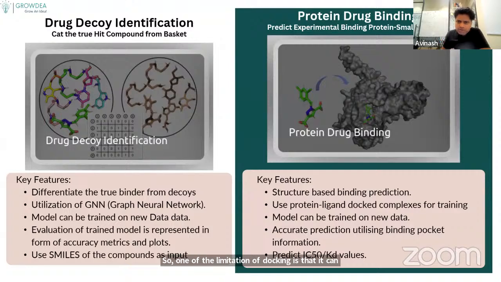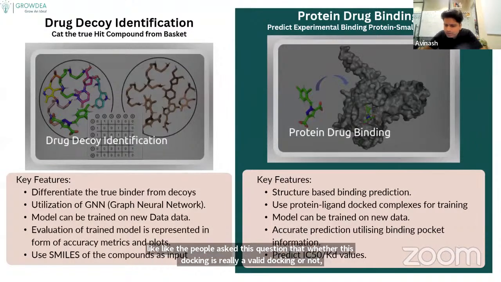So one of the limitations of docking is that it can almost dock anything with anything, right? People ask whether this docking is really a valid docking or not, or whether we can trust the docking result. Of course, we have very little trust, and that's why we go for simulation, right?